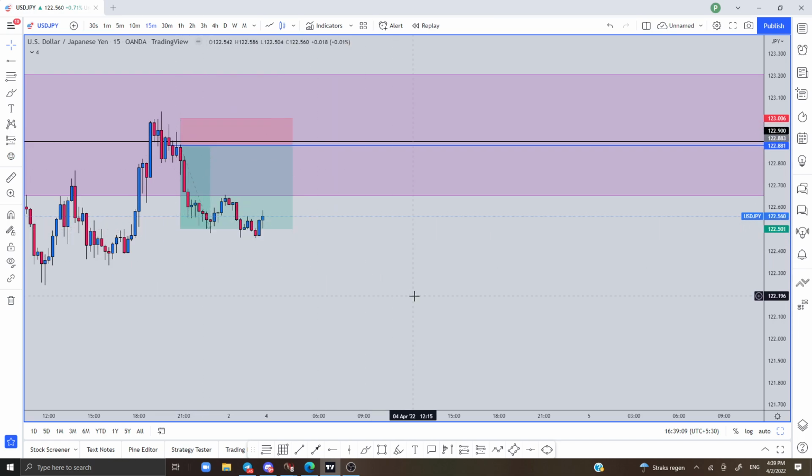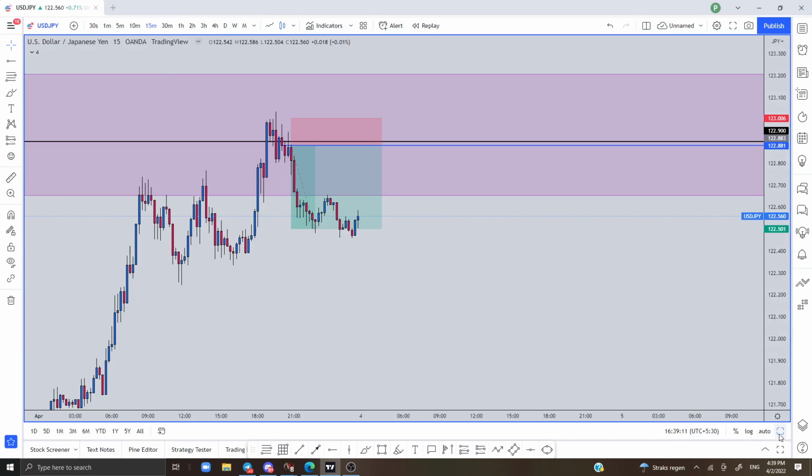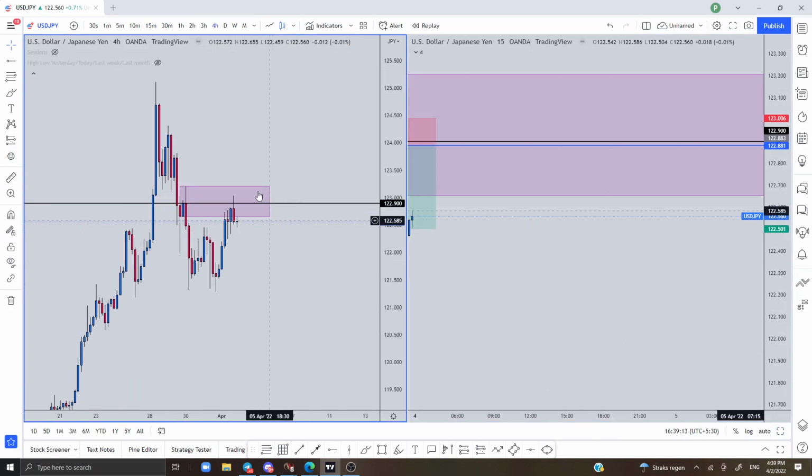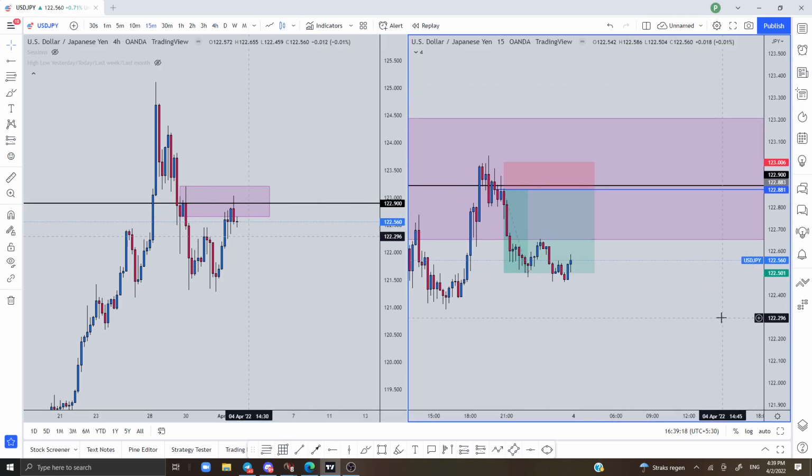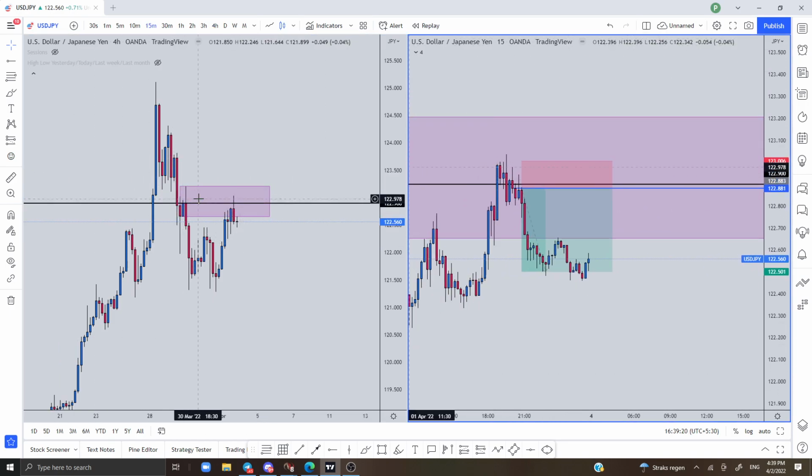and it gave 3R, easy 3R with your order flow confluence, because you are also at a good supply zone from H4. So recap, from H4 we have a good supply zone, strong move, corrective structure.